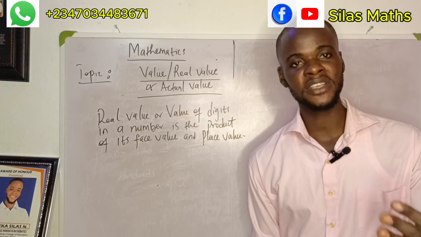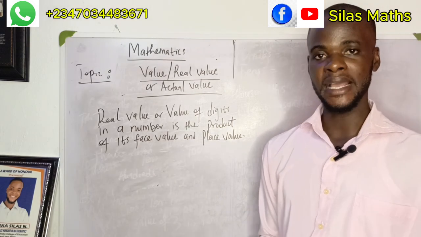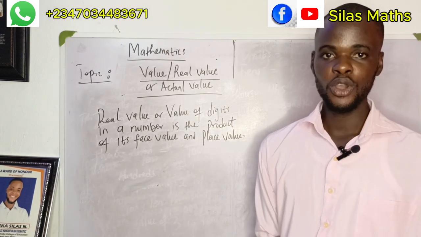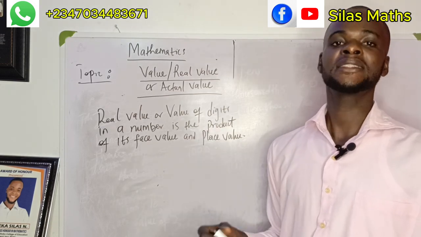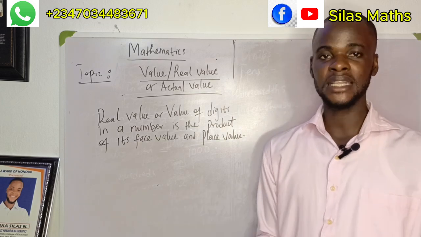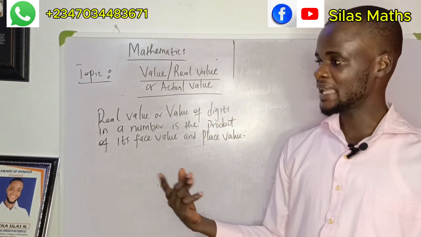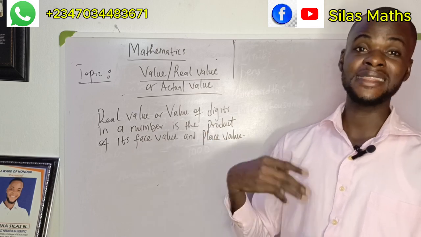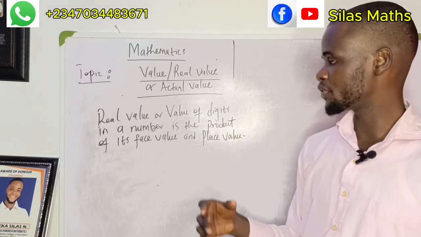So we have talked about face value. Remember we said that face value of digits in a number is just the digit itself, while the place value is the value the number takes as a result of its position, that is the position that number occupies. That is either units, tens, hundreds, thousands, or even tenths, hundredths, depending on the position of that particular digit.